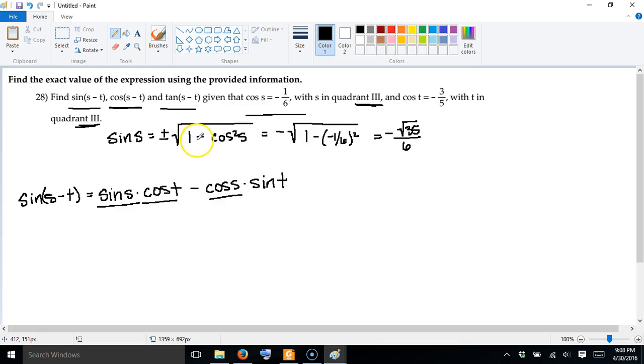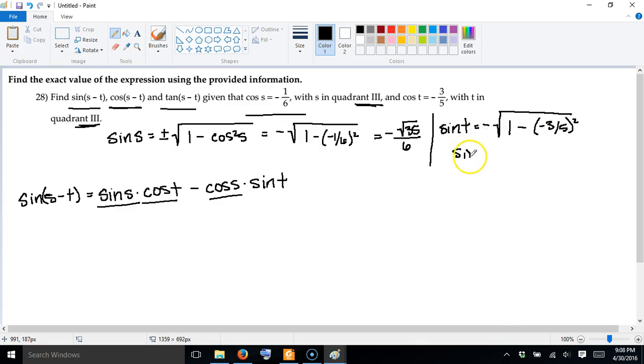Now let's find our sine of t from our given cosine t value. Our sine of t is equal to plus or minus, which in this case is going to be minus the square root of 1 minus our cosine t value, negative 3/5 squared.